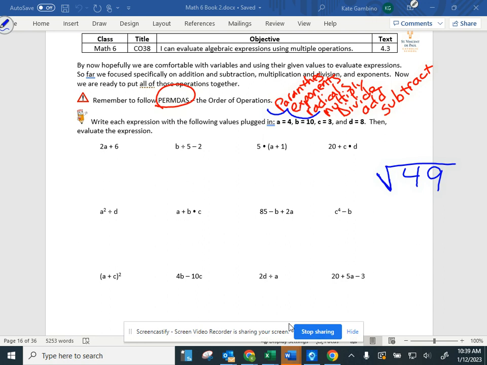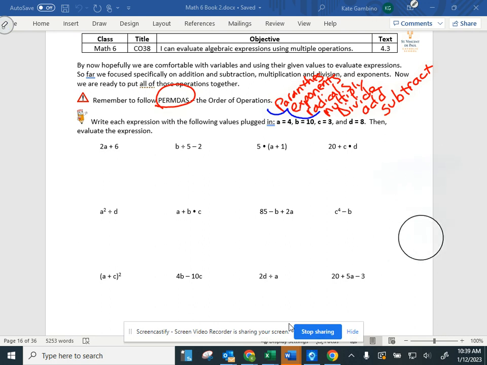So this symbol means it's the square root. So what is the square root of 49, Gigi? 7. Because we go down to what number do we multiply by itself? 7 times 7, 7 squared is 49. So the square root of 49 is 7. That's a radical, doing the square root. So they're opposite of each other. They're on the same level. Whichever one you come to first in your expression, that's what you do first.